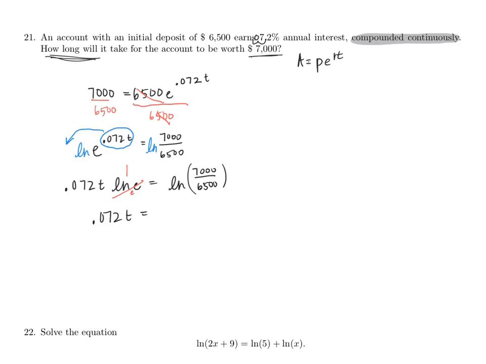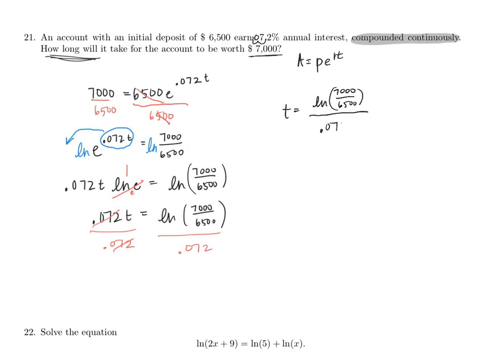0.072t is equal to the natural log of 7,000 over 6,500. And then to finish solving for t, we just divide by 0.072. All right? So t is equal to that. If you want an exact answer, you can put that down: the natural log of 7,000 divided by 6,500 all over 0.072.